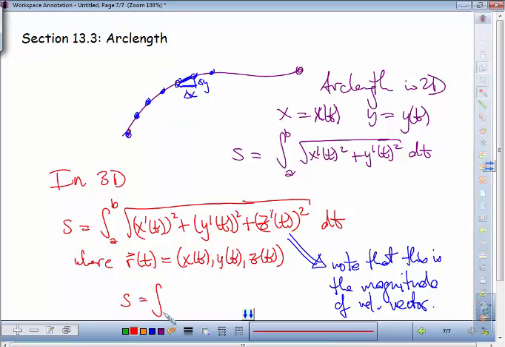This is close. Magnitude of the velocity vector. Yeah. That makes a nice short notation for it.